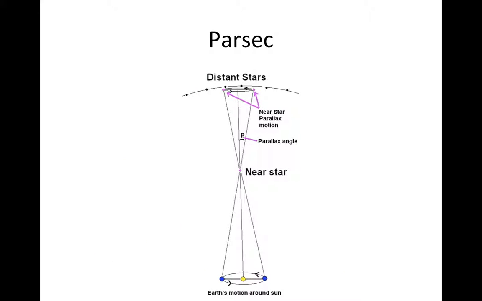So let's look at another graphic of the same effect, all right? And so you can see here where the parallax angle is being measured, all right? So if this angle is 1 second, then this distance, the distance between the Earth and the star, is 1 parsec, okay?